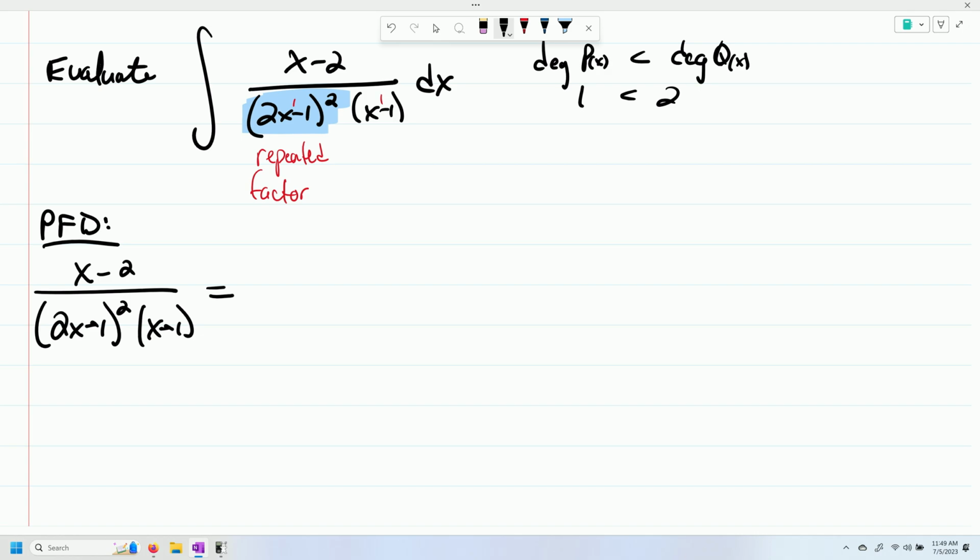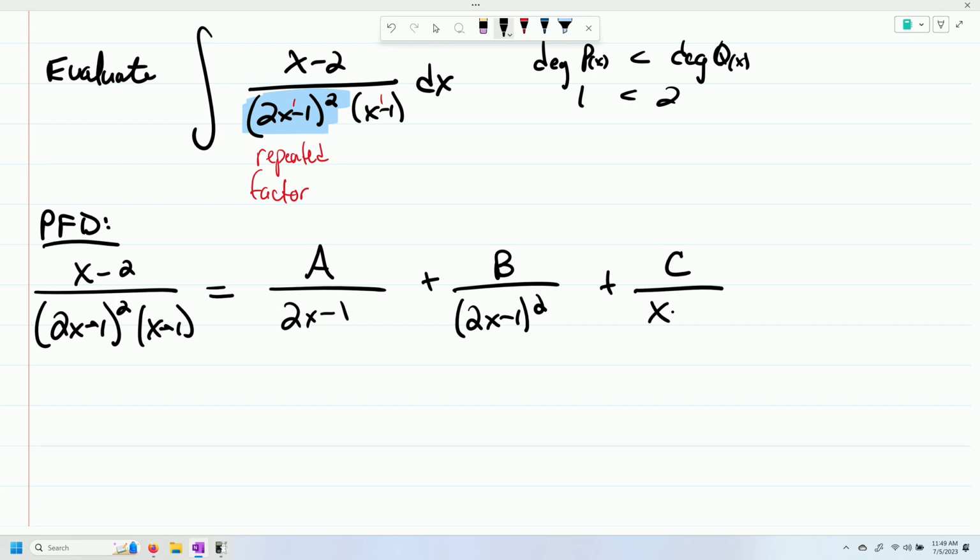In other words, we're going to have A over 2x minus 1 plus B over the quantity 2x minus 1 squared. Finally, the quantity x minus 1 is just going to be put underneath C. But let's go back and let's see why I wrote it like this, okay?